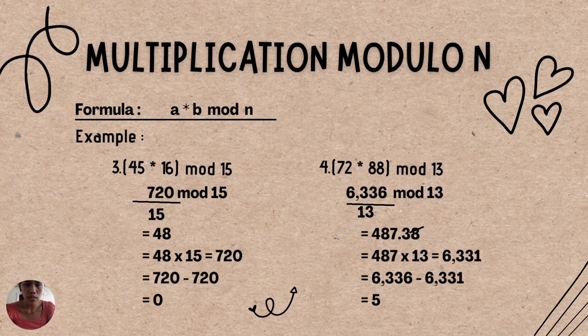So 487 times 13 equals 6,331. So 6,336 minus 6,331 equals 5. So 5 is the remainder of 72 times 88 mod 13.